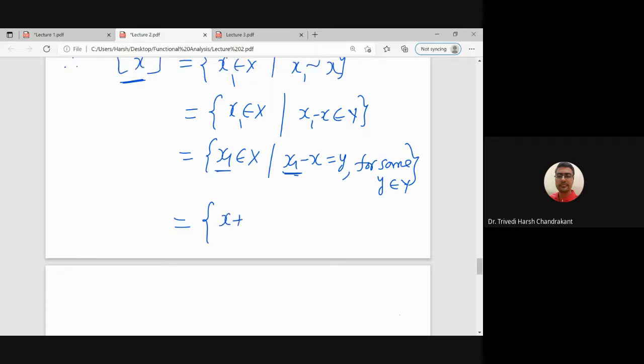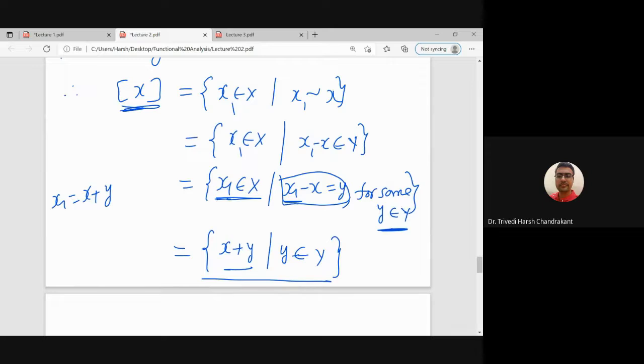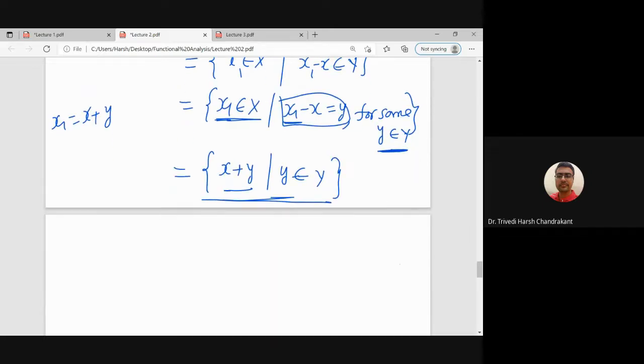So that means x plus y such that y is some element of capital Y. So from this equation we have written x1 equal to x plus y, so we substituted x1 here, and in this set we have all such elements where y is an element of Y. So now we have this set as an equivalence class, and such a set we usually denote as x plus capital Y. Right.